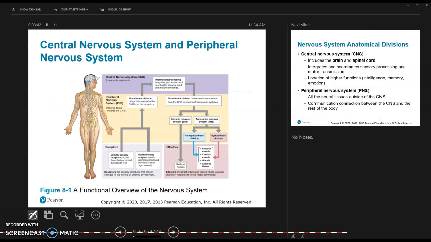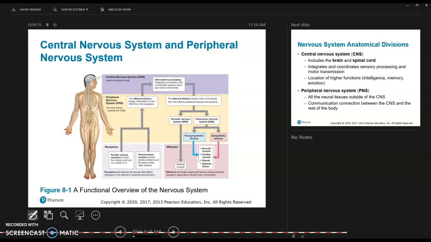This is a very good chart to help you understand the organization of the nervous system. First of all, the central nervous system is the brain and the spinal cord. And on this figure, it's colored in white. What the central nervous system does is information processing: integrating, processing, and coordinating sensory input and motor commands.